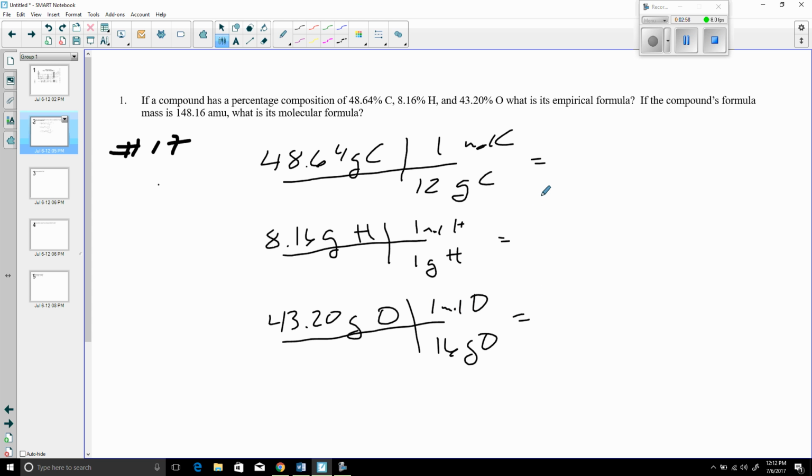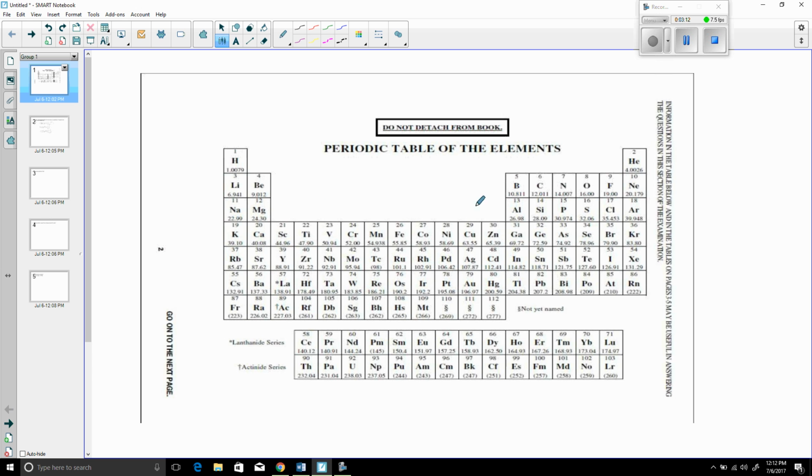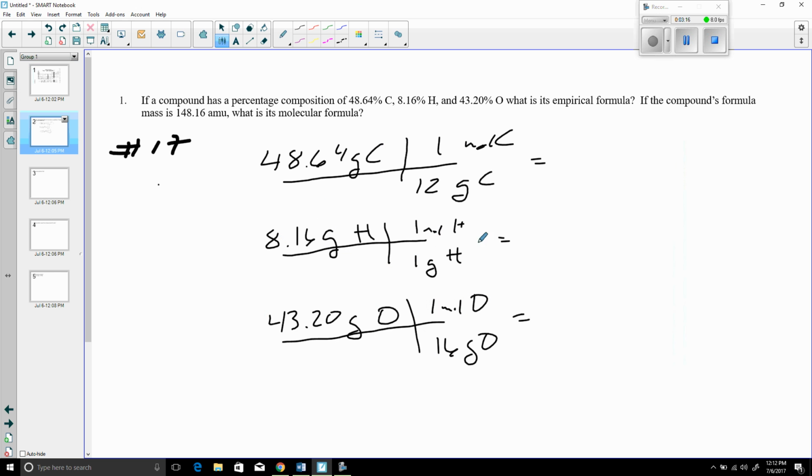So now we simply use our handy dandy calculator. Of course, I'm getting these values from our handy dandy periodic table, so just look at your periodic table to know where I'm getting 12, 16, and 1. I don't think that's anything new that I need to go over.